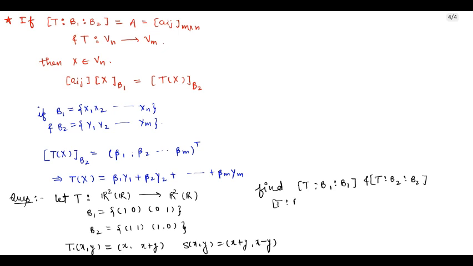T with respect to B1, B2 and T with respect to B2, B1. You can find all the four matrices. Try to find them, right? I'm not solving this question.